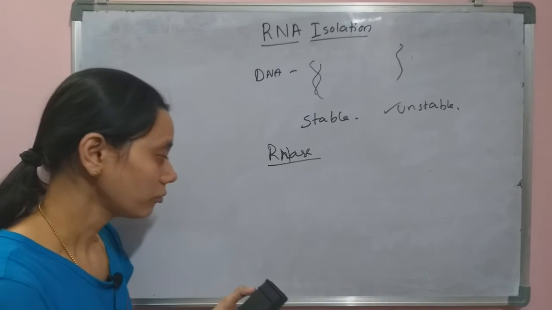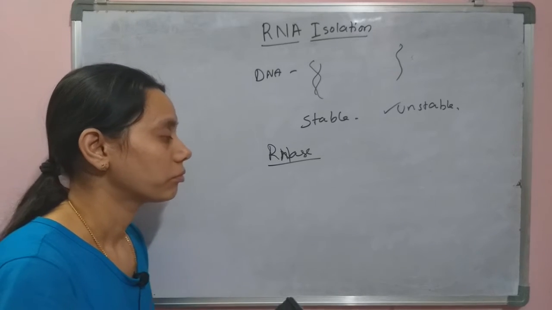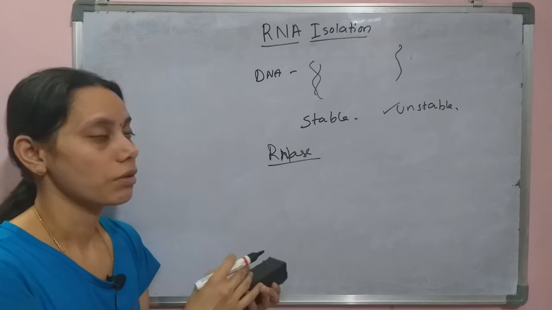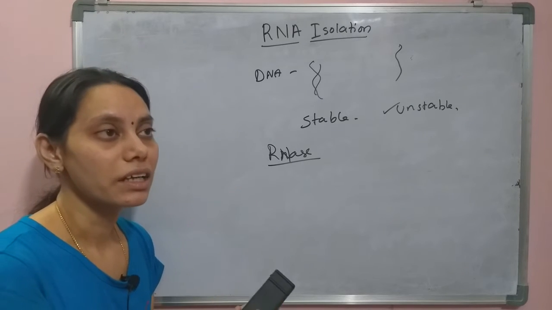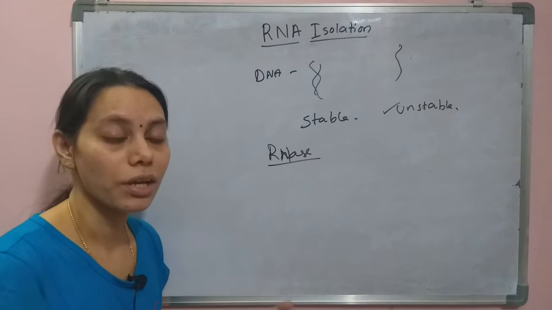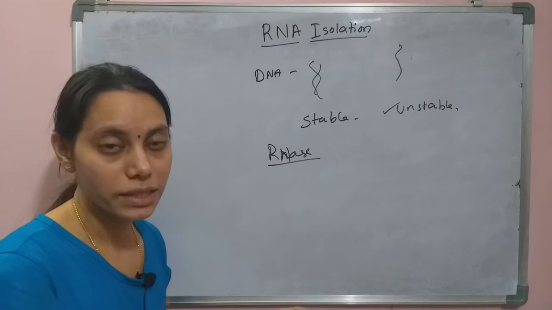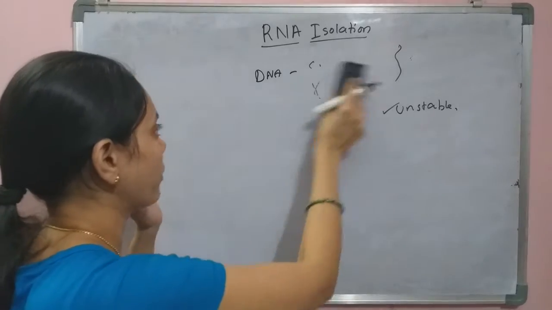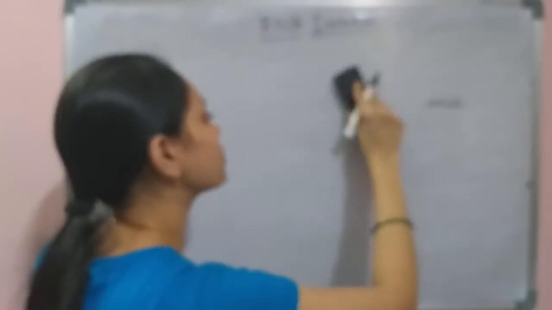So RNA isolation is a bit more difficult than DNA isolation. You need to use some harsh chemicals to clean all this equipment. So these are the reasons why DNA isolation is different and RNA isolation is different.